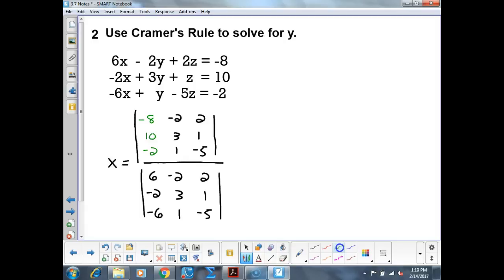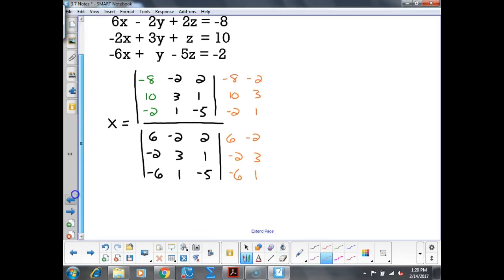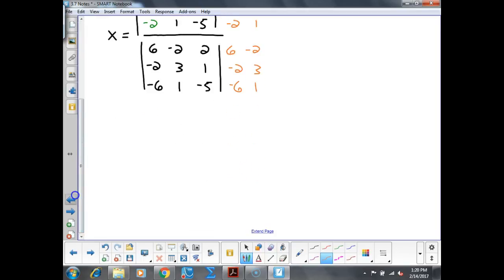Okay. So now we have to remember how to find a 3 by 3 determinant by hand. We rewrite the first two columns. And then we do our crisscross mix.